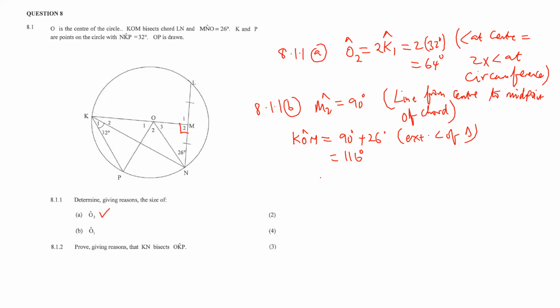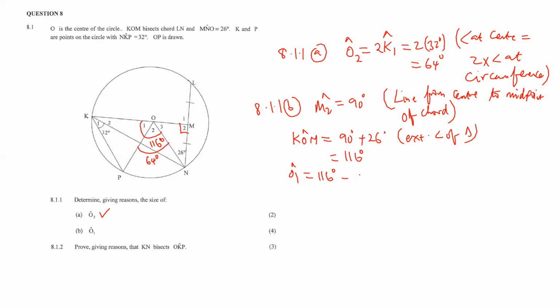To find angle O1, we can see that KON here is 116 degrees, which means angle O1 is 116 minus 64 degrees, because we know that angle O2 here is 64 degrees.